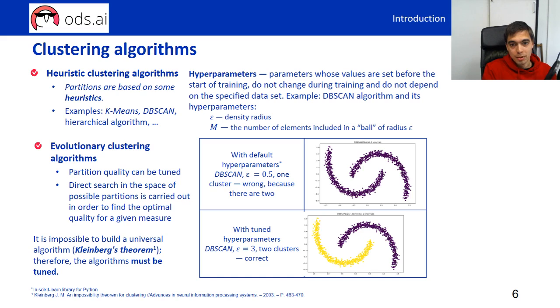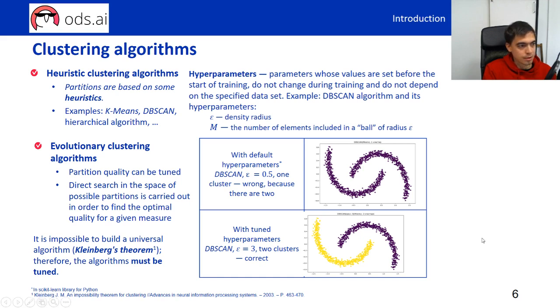An important property of machine learning algorithms in the context of their tuning is the hyperparameter. In general, hyperparameters are parameters whose values are set before the start of training, do not change during the training, and do not depend on a given data set. The slide shows an example demonstrating the importance of setting hyperparameters for a clustering task.